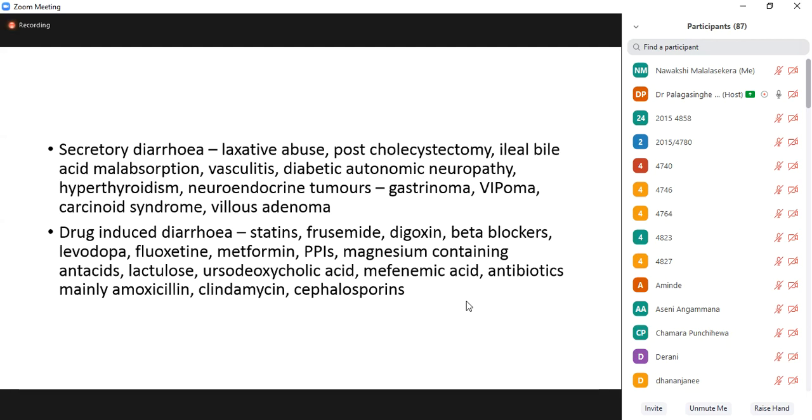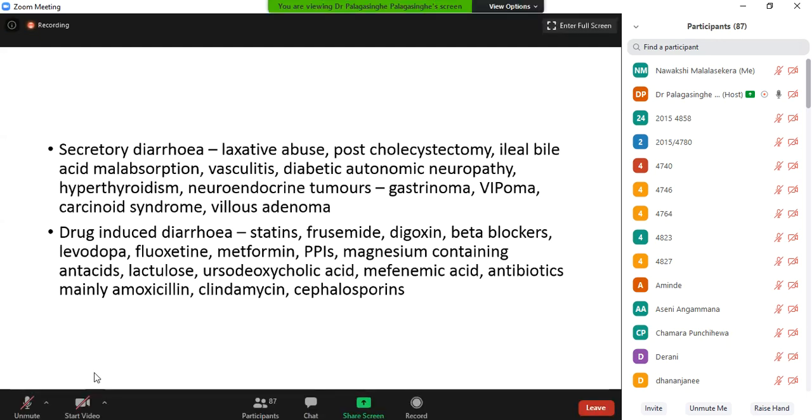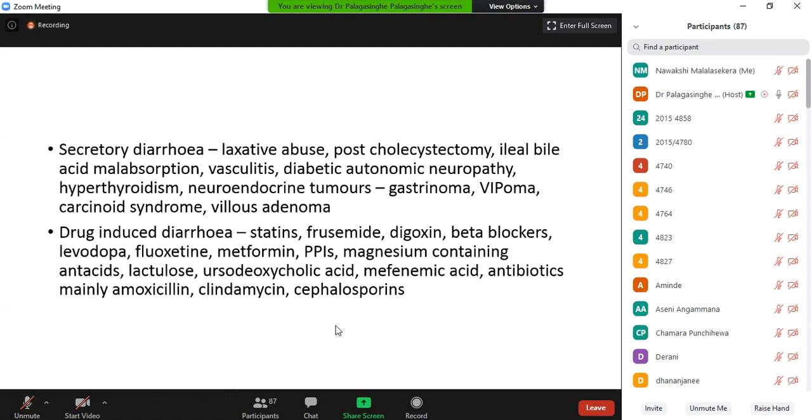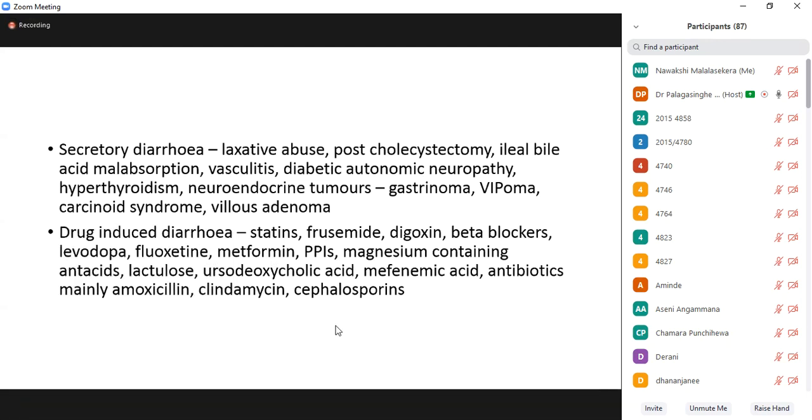Sometimes antibiotic-induced diarrhea can be benign. It settles on its own sometimes even if you continue the antibiotic. But the only problem is you have to differentiate when somebody develops pseudomembranous colitis or C. diff diarrhea. It's a little bit of a difficult situation with antibiotics. When C. diff predominates, you develop an invasive colitis with blood and mucus diarrhea.